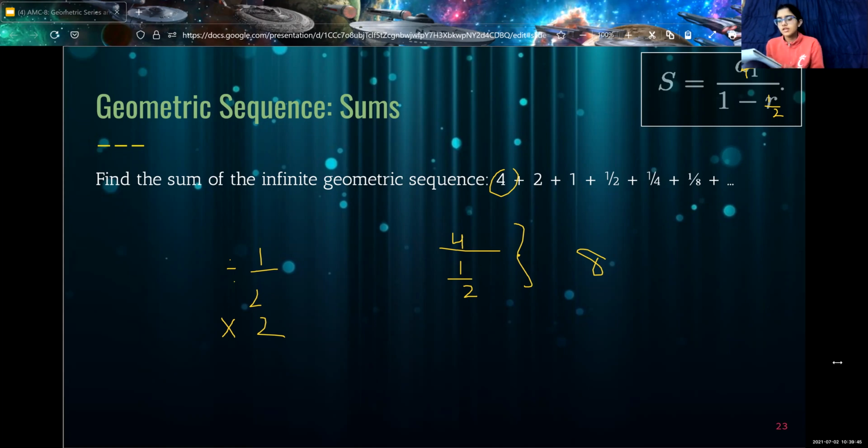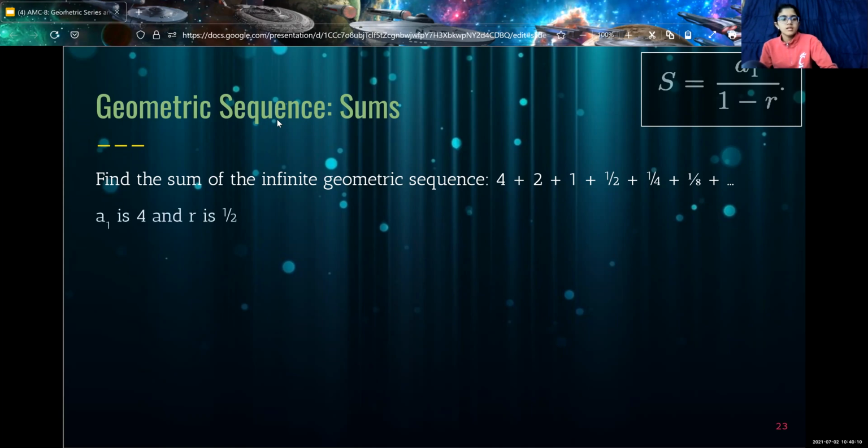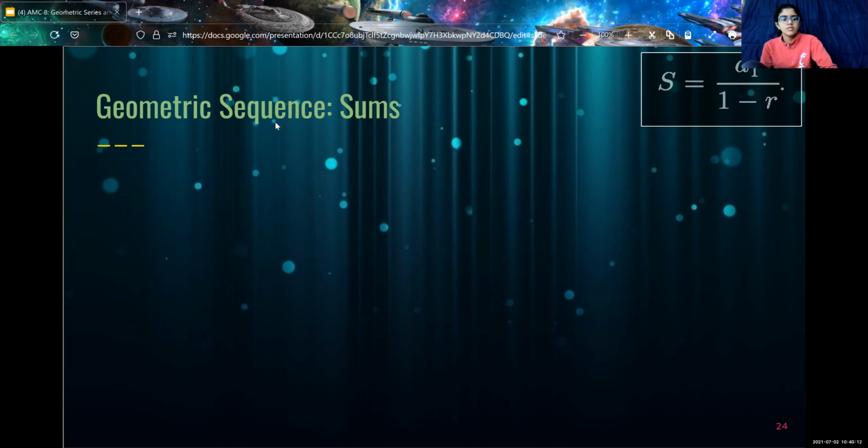If a sequence is infinite and it diverges, you can't find the sum, simply because it would just be infinity, right? And you can't find the value of infinity. So you can't find the value of the sum. Okay, I hope that makes sense to everyone. So we get 8.